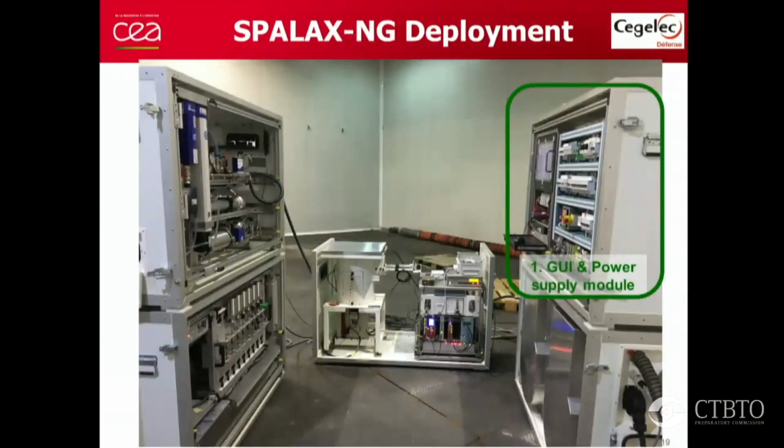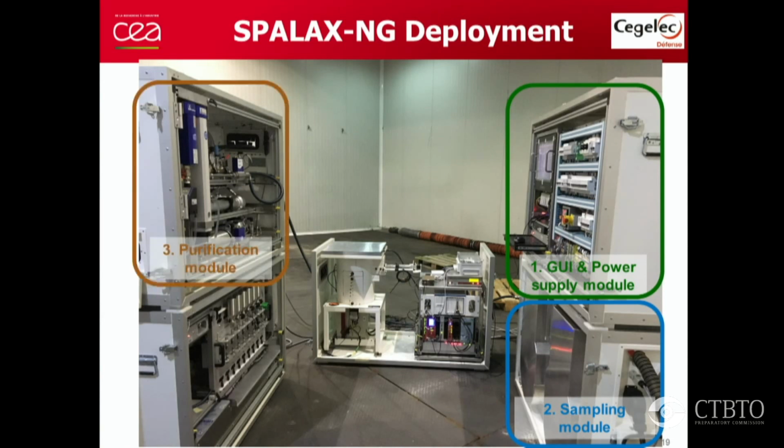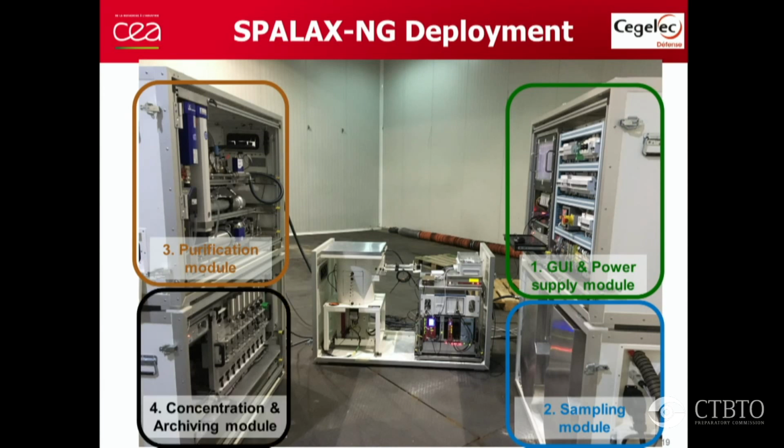If I open the door now, in detail, the first module is a graphical user interface and power supply module. The second module is a sampling module that includes the 2 compressors. The third module is a purification module that includes the membranes. The fourth module is a concentration module with adsorbent and the archiving module to archive the sample.